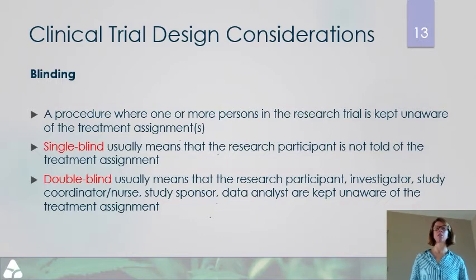If it says that it's double blind, it means usually that basically nobody knows. So the patient doesn't know, but also the investigators don't know which patients are in which groups. But not just the investigators, anybody involved in the study. So it could be the nurses, it could be the doctors, it could be the study sponsor, who has overall control of the trial, and even the data analysts won't know who is in which group.